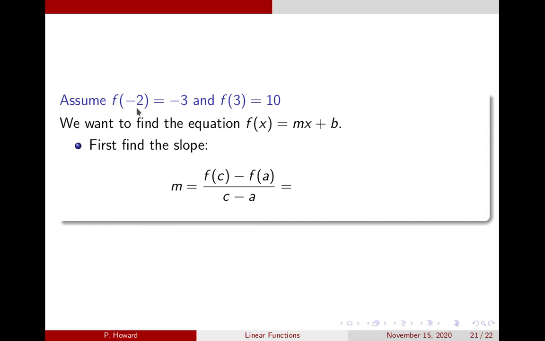And a is this minus 2. 10 minus (minus 3) over 3 minus (minus 2). 10 minus (minus 3) is 10 plus 3, or 13. And 3 minus (minus 2) is 3 plus 2, or 5. 13/5 it looks like our slope is. And then we find the y-intercept.